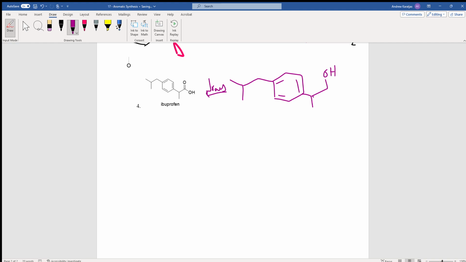Now I need to make that alcohol. What method can I use for making this alcohol? Well, we know we can make alcohols from alkenes. So if I had an alkene there, I need the less substituted or the anti-Markovnikov alcohol. And so I can form that from hydroboration.